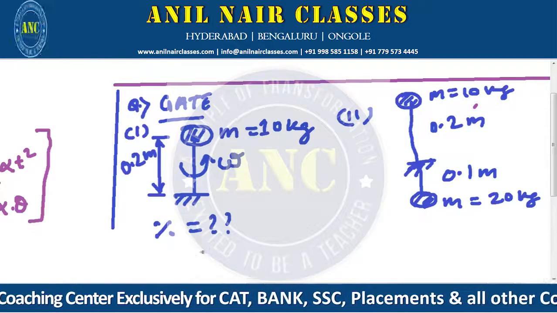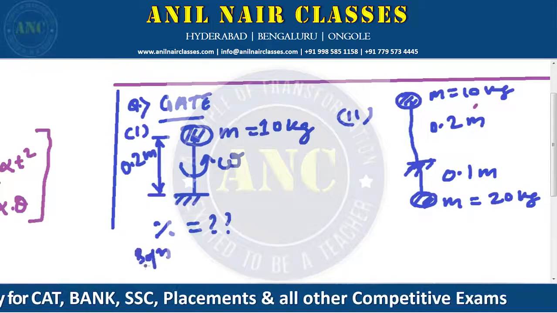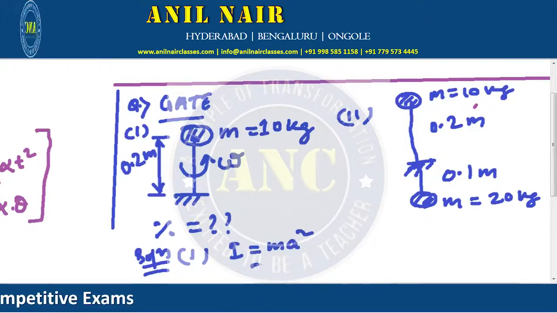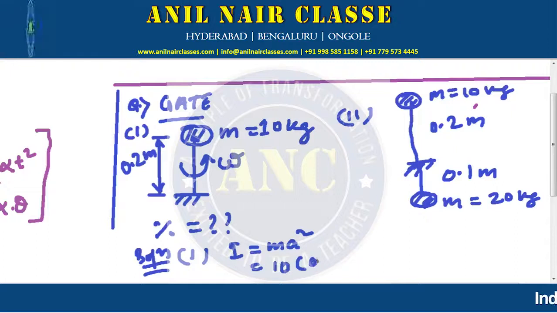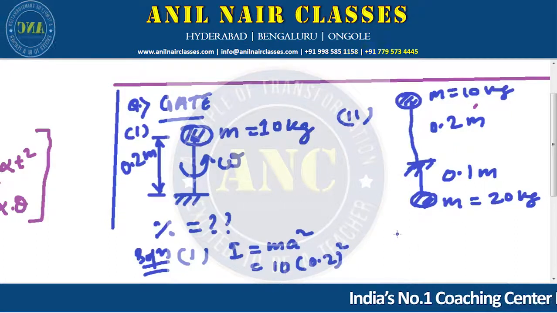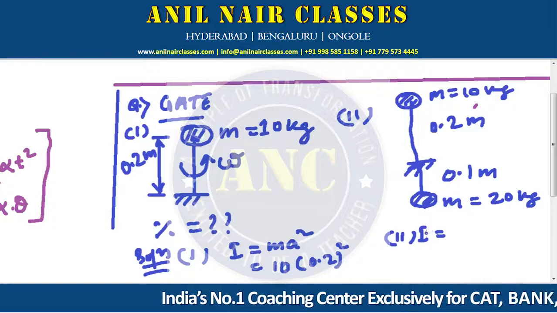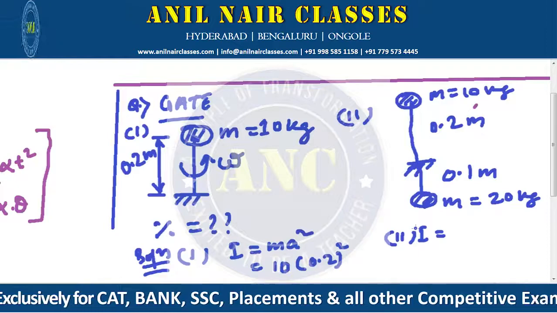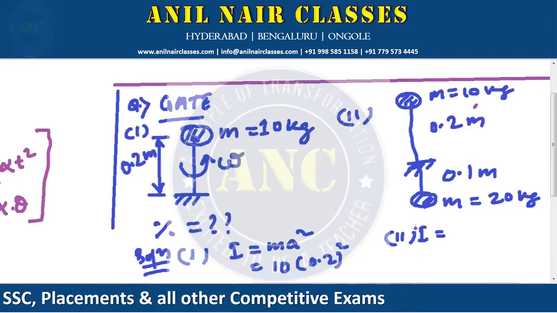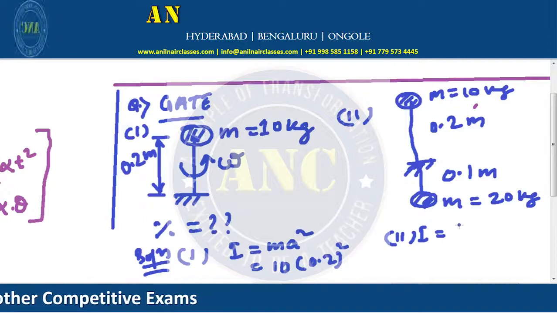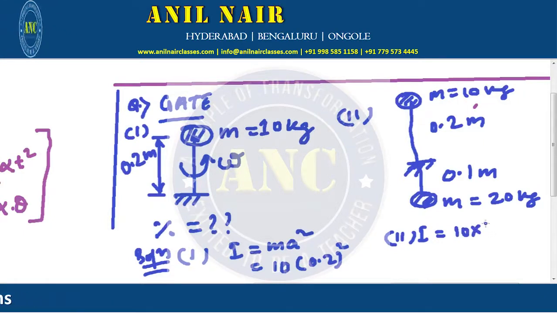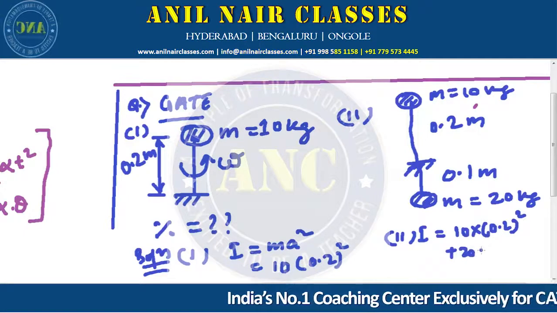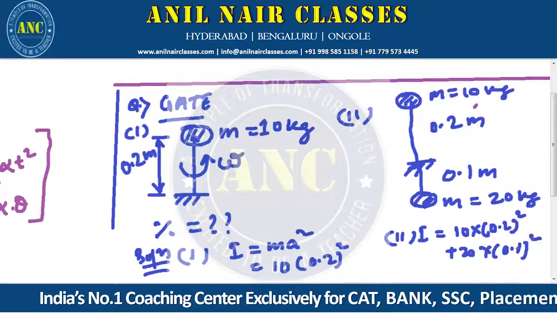So for the first case, when you go for the solution, I is equal to ma square, that is m is 10, a is 0.2 square. Whereas in the second case, I is equal to ma square for two masses, that is 10 into 0.2 square plus 20 into 0.1 square.